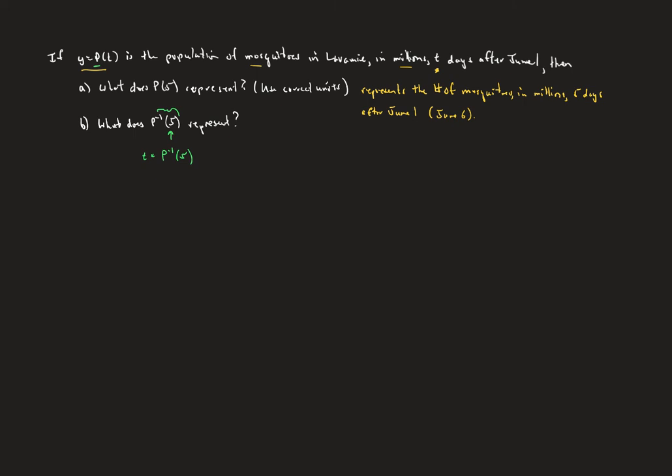So this P inverse of 5 represents the t value, the number of days after June 1st when, and the 5 is our population, when the mosquito population reaches 5 million. These are head scratchers. You have to think about this a little bit.